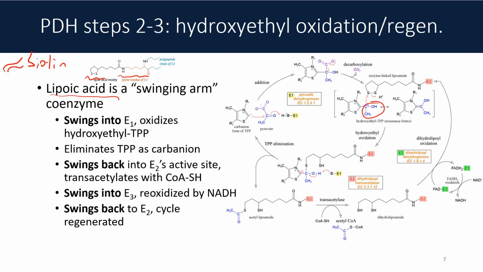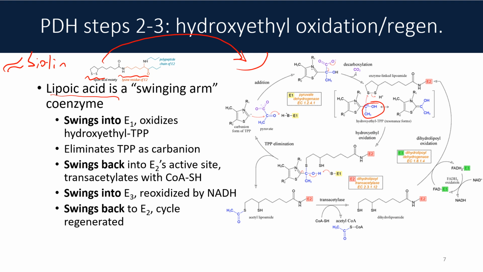And so what we're basically doing here is making a very long and floppy redox head that can grab onto a substrate in the active site and reel it on over to another site. And this is how it works. Let's just recap the decarboxylation process. We have a carbanion form on our thiamine vitamin.